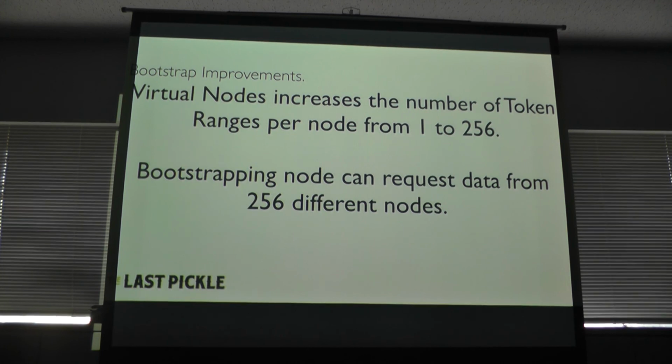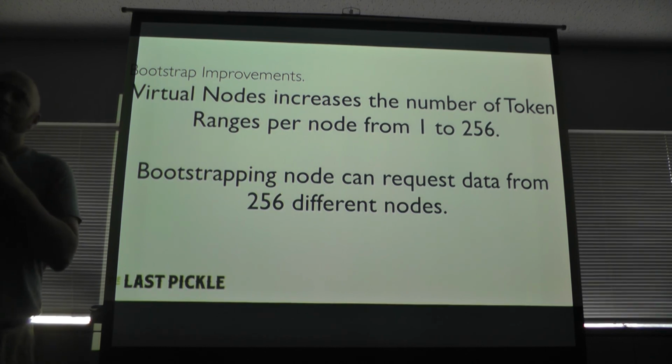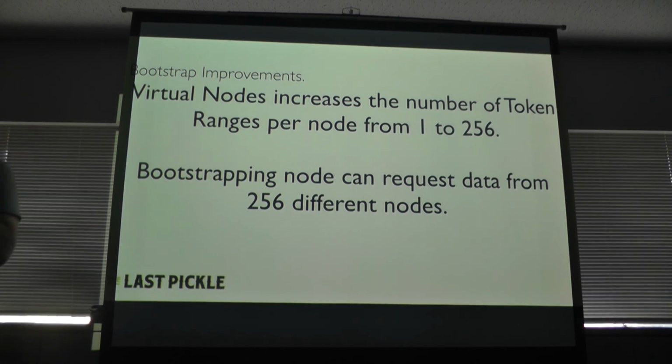What the virtual nodes do is they change it so that each node now has 256 token ranges that it owns, whereas previously it only owned 1. So when the node joins the cluster, it takes ownership of 256 token ranges, and it asks one replica from each of those token ranges to send it data.